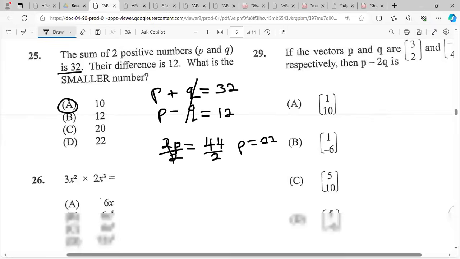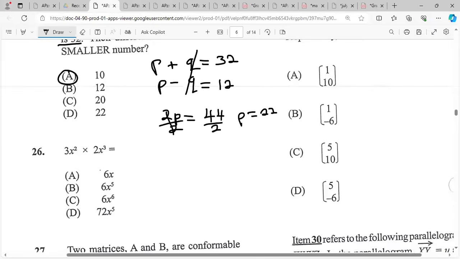A nice simultaneous equation. All right, so we have 3x squared times 2x to the third is equal to... Let's see if we can get to 30, guys. So we add the powers, right?